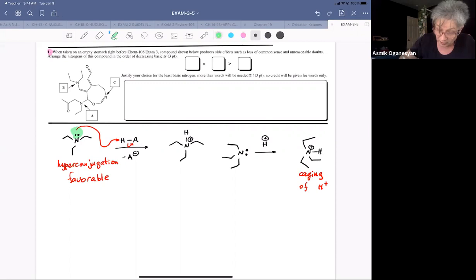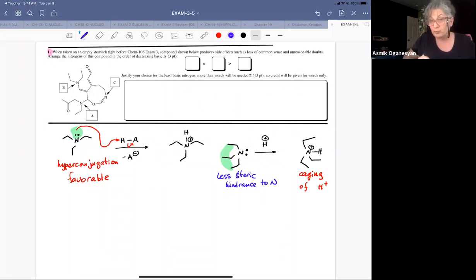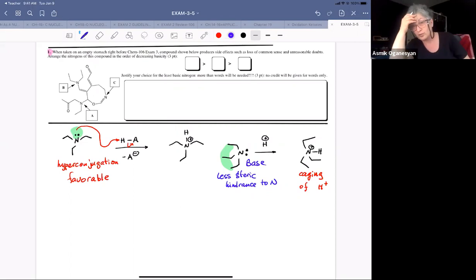So originally, those groups are away, less steric hindrance to nitrogen. And that's what we want for basicity. And when we form a conjugate acid, we want that proton to be caged between those alkyl groups. So that's why your triethylamine is a wonderful, wonderful base.